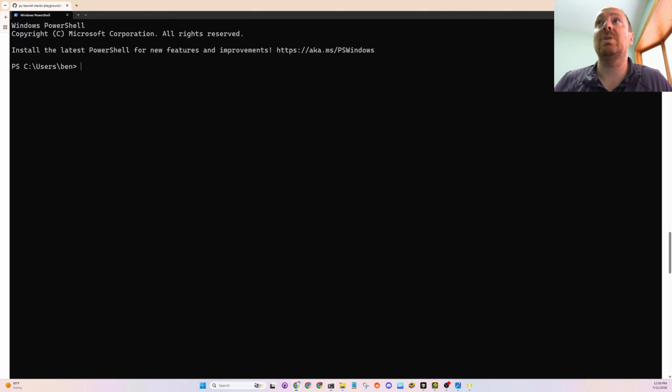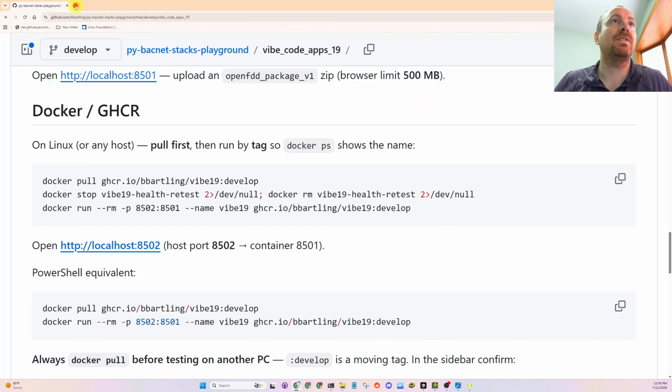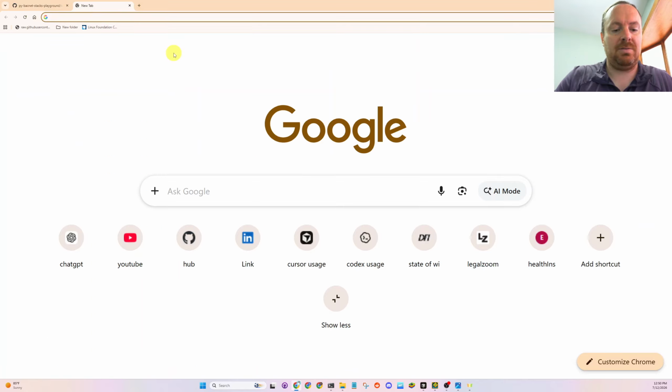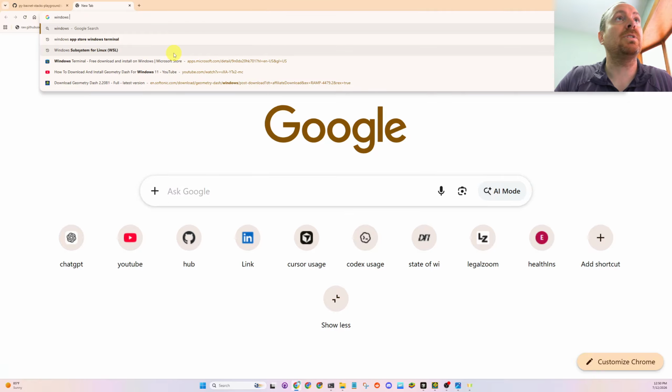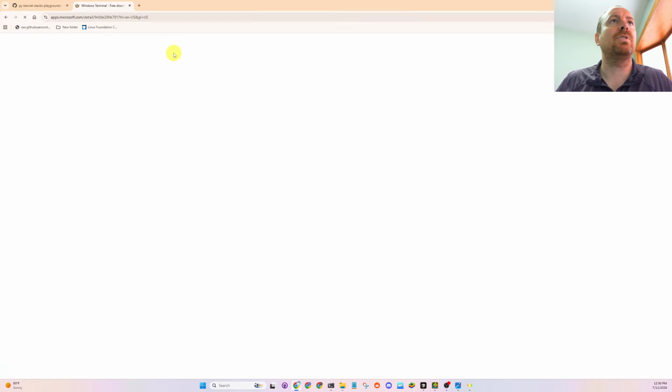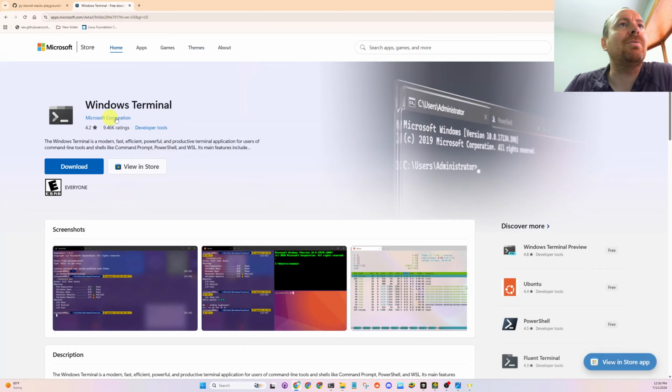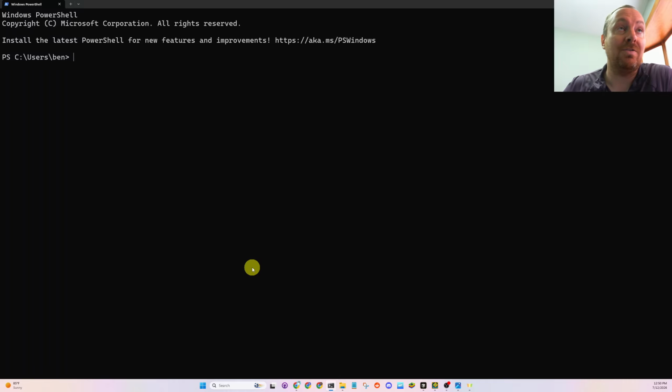anyone doing this on Windows, you download this from Windows App Store, Windows Terminal. Download this guy, and this is a really cool app. I love Windows Terminal. To me, it makes it like a mirror of what Linux Terminal would look like.